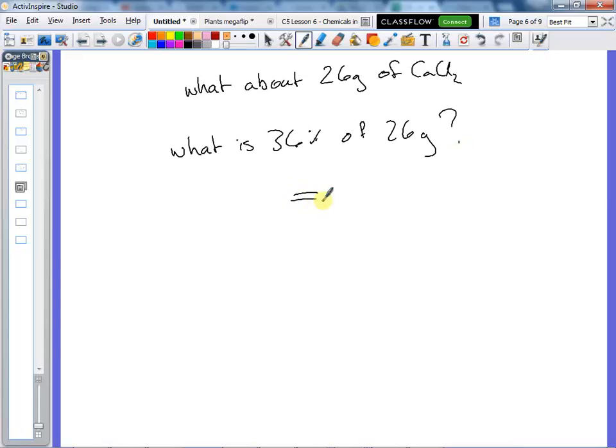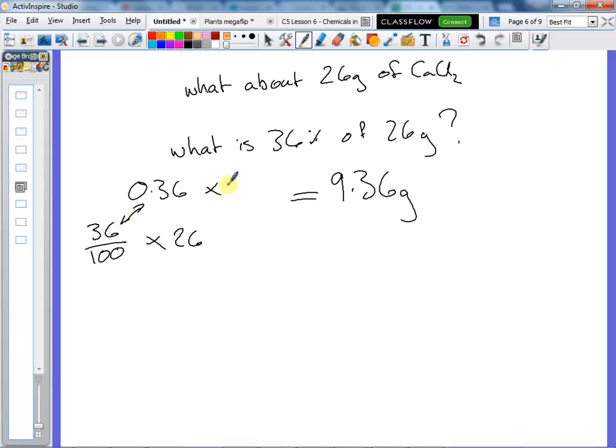You'll find that that equals 9.36 grams. So I go 0.36, or you can go 36 divided by 100 times by 26, and these are the same. Then we get 9.36 grams.